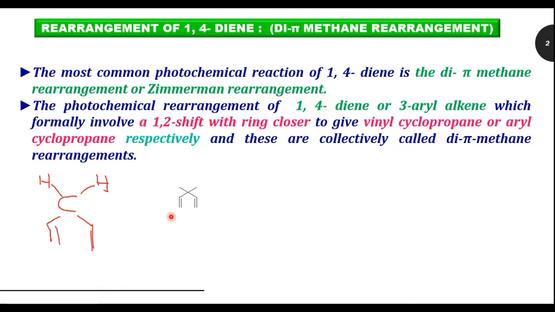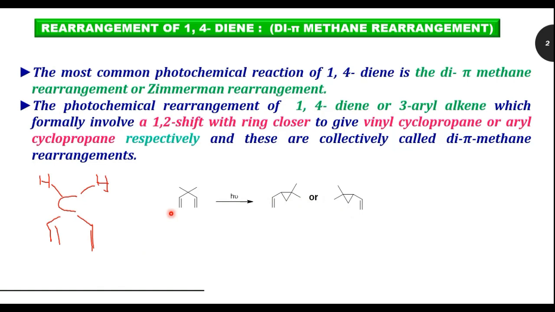So it is on photochemical irradiation. The product is vinyl cyclopropane. These are the same product but different isomers, mirror images of each other. These are homomers to each other. When substituents are present, the products are different, otherwise the products are similar.